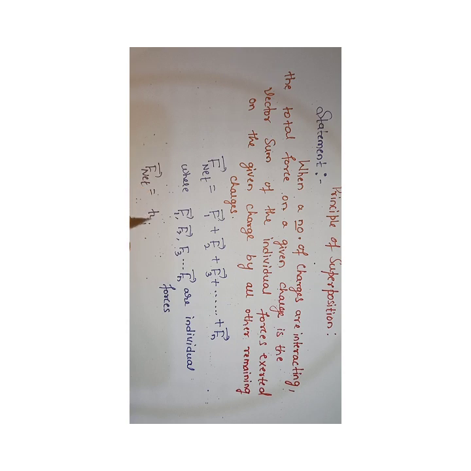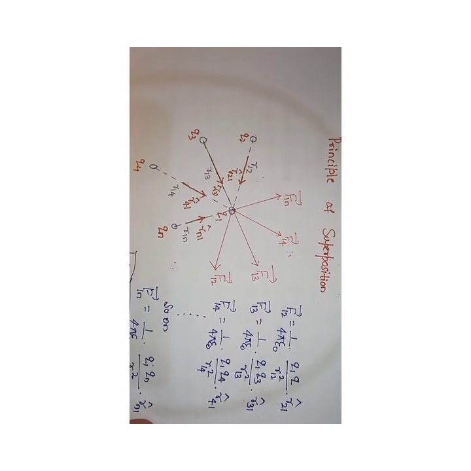It's the total force, or you can say the vector sum of all other forces. So this is the expression I made use of in finding the total force when there are multiple charges present.